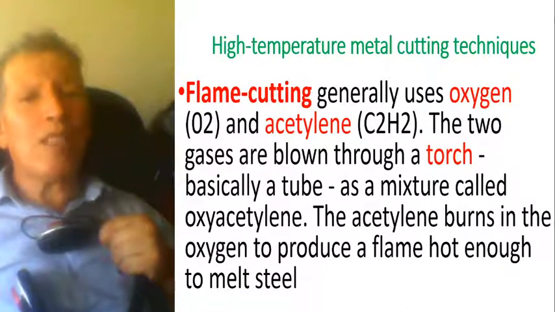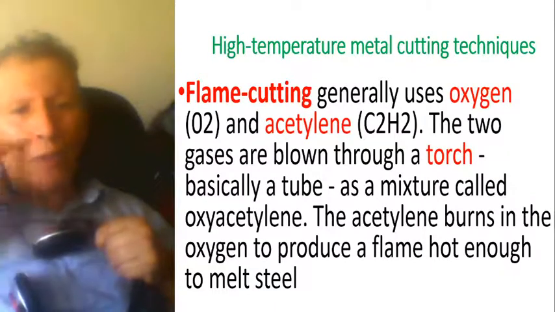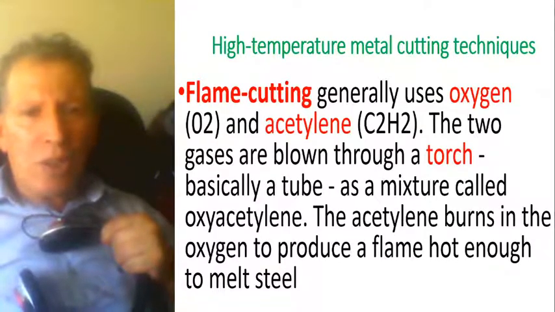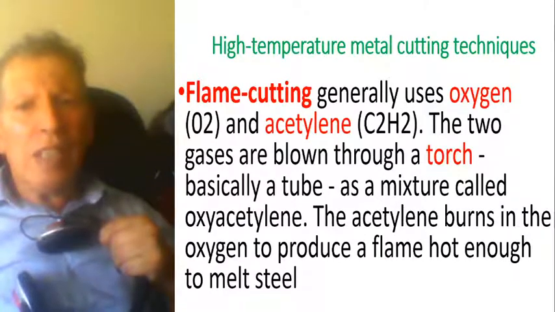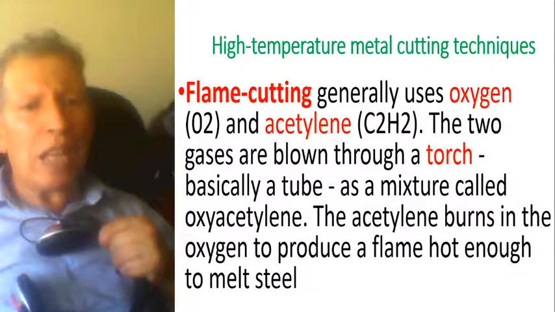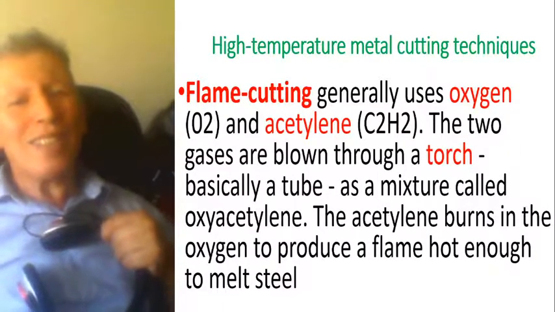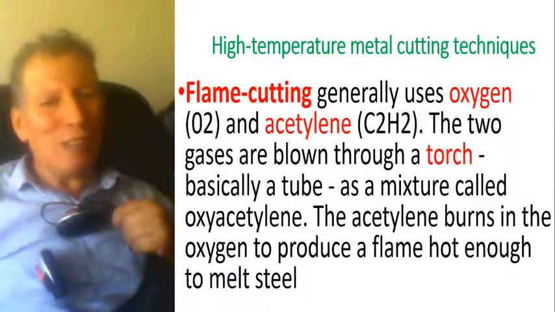However, we can use high temperature metal cutting techniques. The first of them is flame cutting, where generally oxygen and acetylene are used. The two gases, oxygen in one bottle and acetylene in another bottle, are blown through a torch.